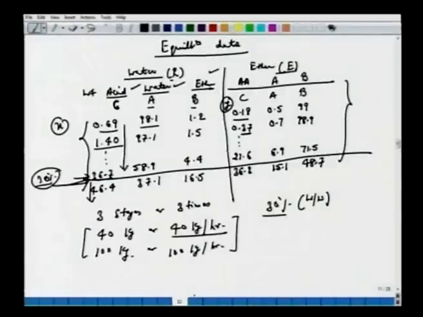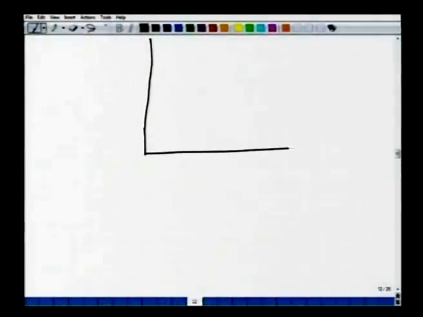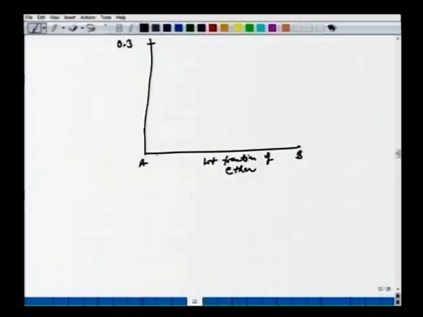Okay, and we have been asked to find out the raffinate concentrations, or the composition of all streams. Okay, so we plot, as we said, A, B, so this is the weight fraction of ether, and all we have to do is to only go till 0.3. So we have this equilibrium diagram like this.